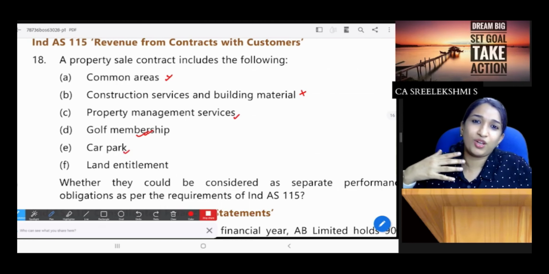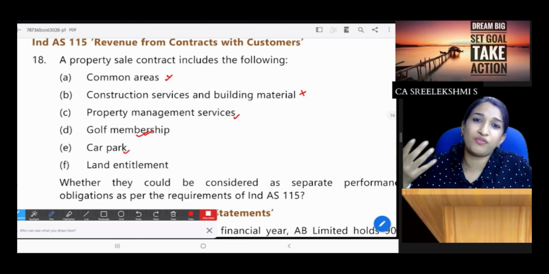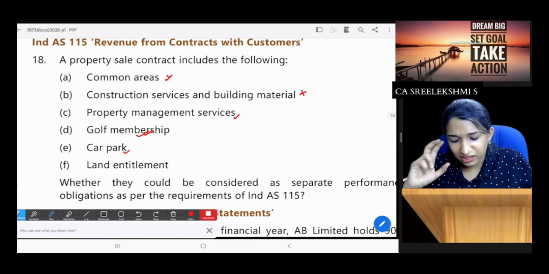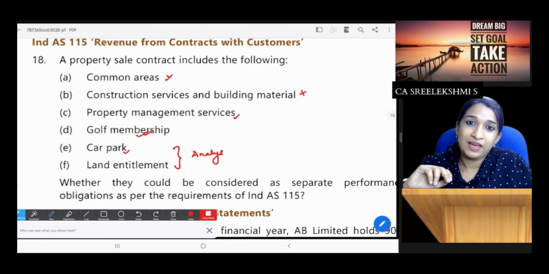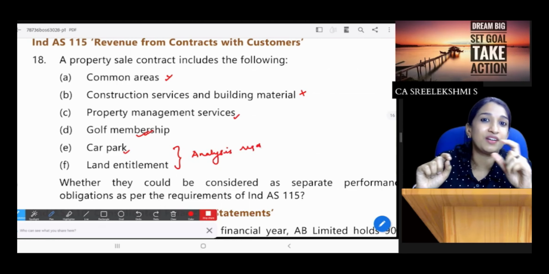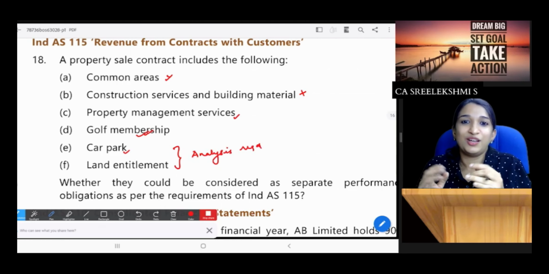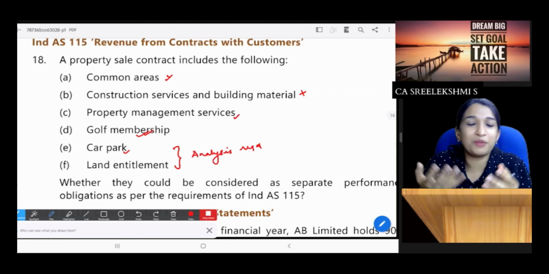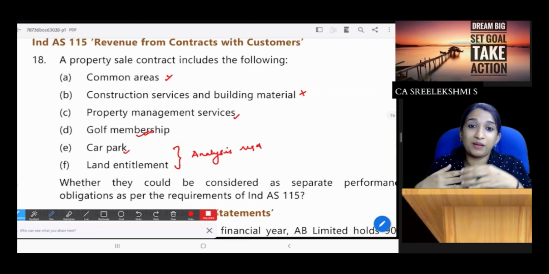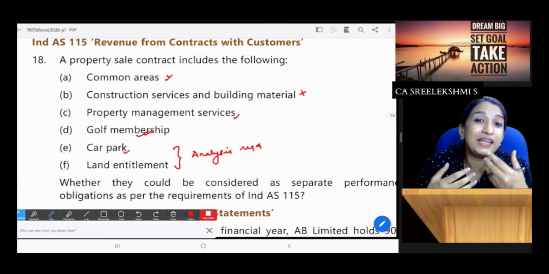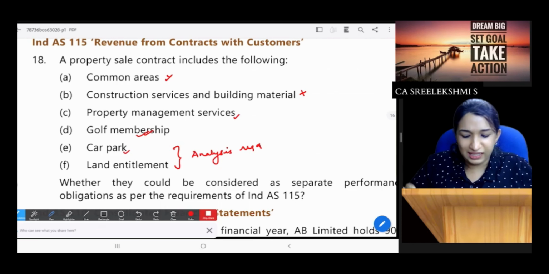Car parking: there are flats without car parking or with car parking; you may have to park outside. Here for these two, land entitlement and car parking, they have written that analysis is required, a safe answer. If the customer is getting a separate benefit, and it is separately identifiable and not highly interrelated.